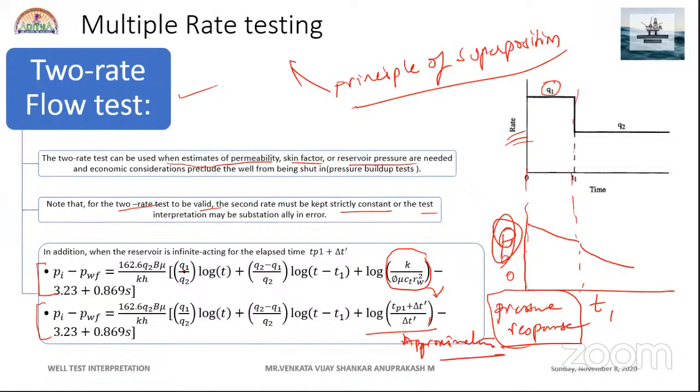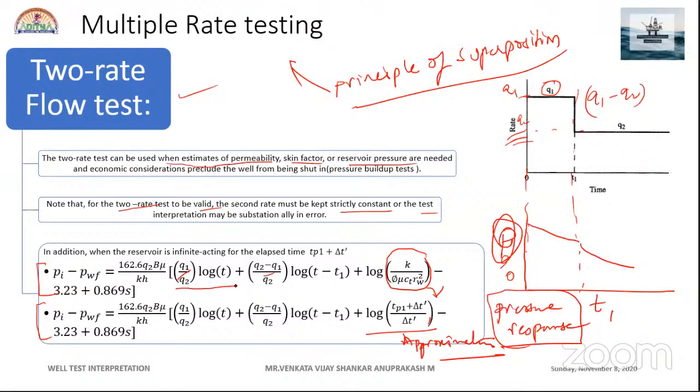So you have flow rates Q1 and Q2. Up to here it will be Q1 and this will be Q2. So the difference between these is Q1 minus Q2.